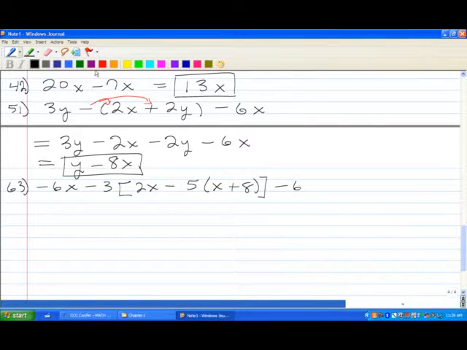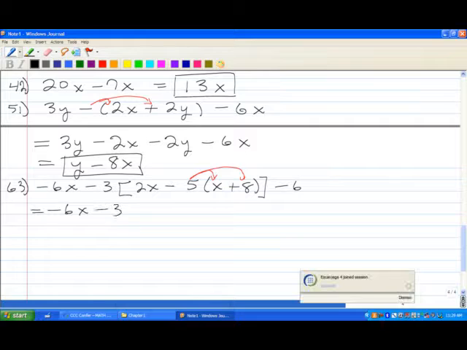Let me multiply the negative 5 inside the parentheses, simplifying the innermost parentheses first. So negative 6x minus 3 times the quantity 2x minus 5x minus 40, minus 6. Combine like terms inside the parentheses.